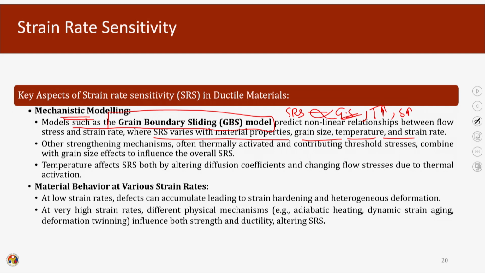Other strengthening mechanisms are normally related to the thermal aspects. They will exhibit at higher temperature conditions, and they affect the threshold stresses, and they normally combine with the grain size. What is happening if we have a very small grain size?